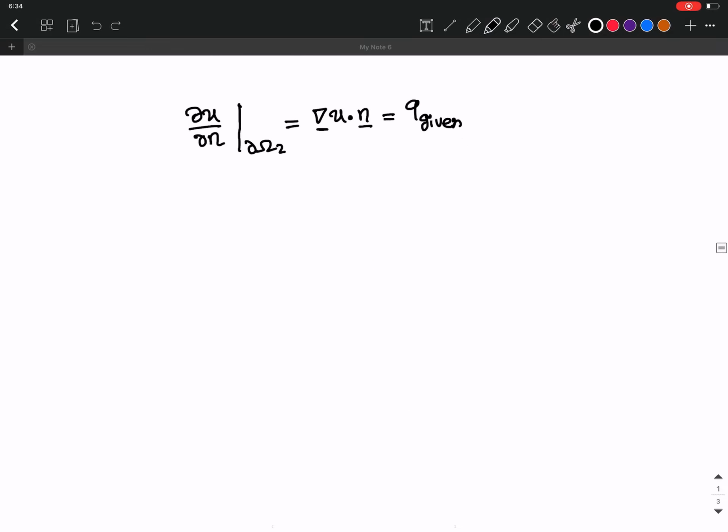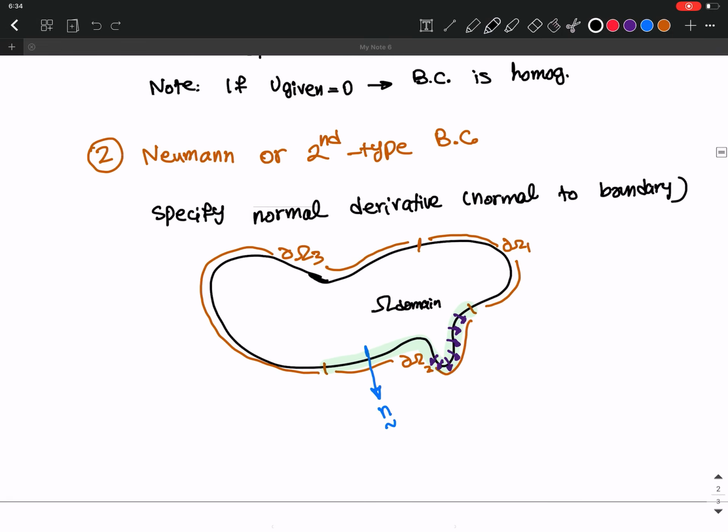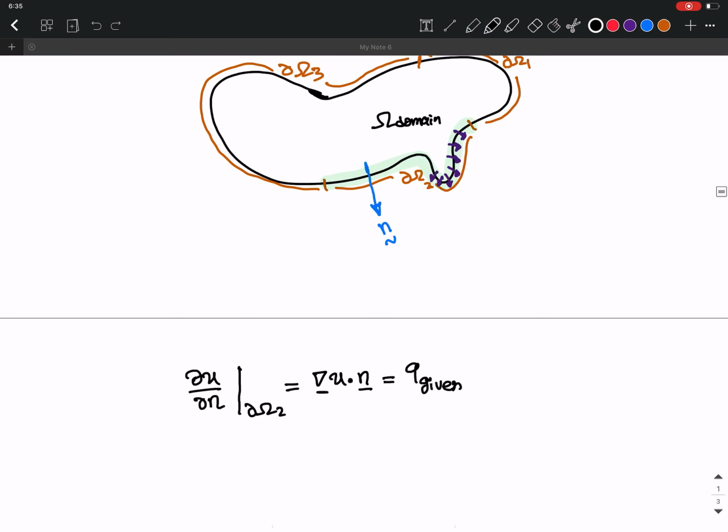Okay, so this is what the Neumann or second type boundary condition looks like.